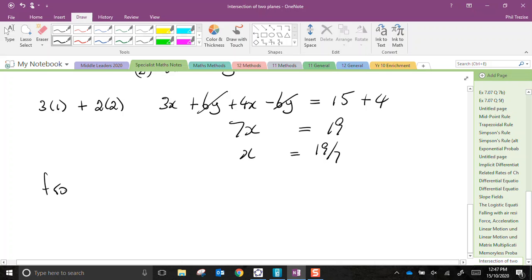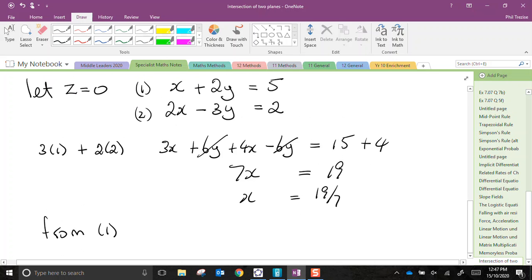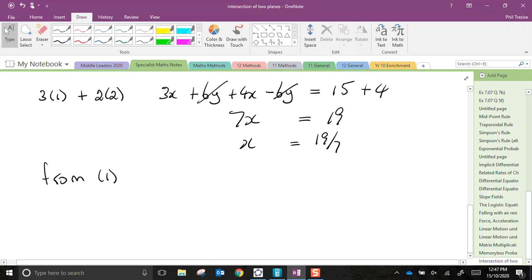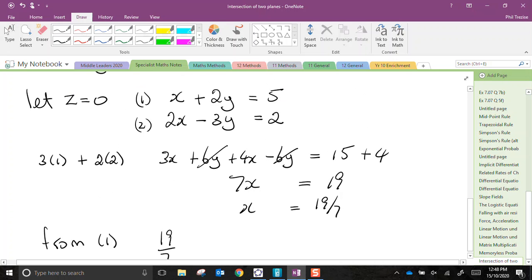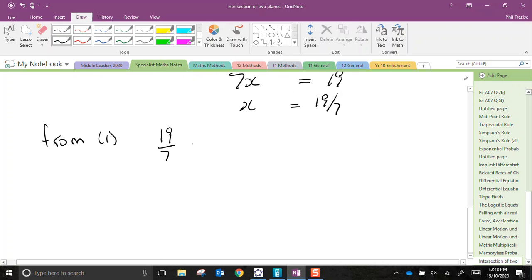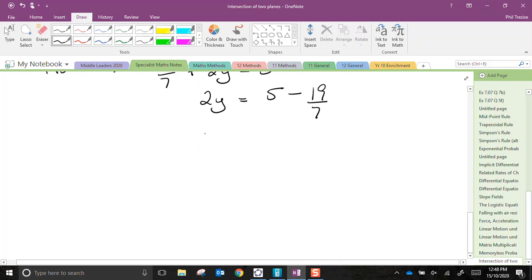Then going back, we might as well just go back to equation 1. I have x plus 2y equals 5. 19 over 7 for x, plus 2y equals 5. So 2y equals 5, take 19 over 7.